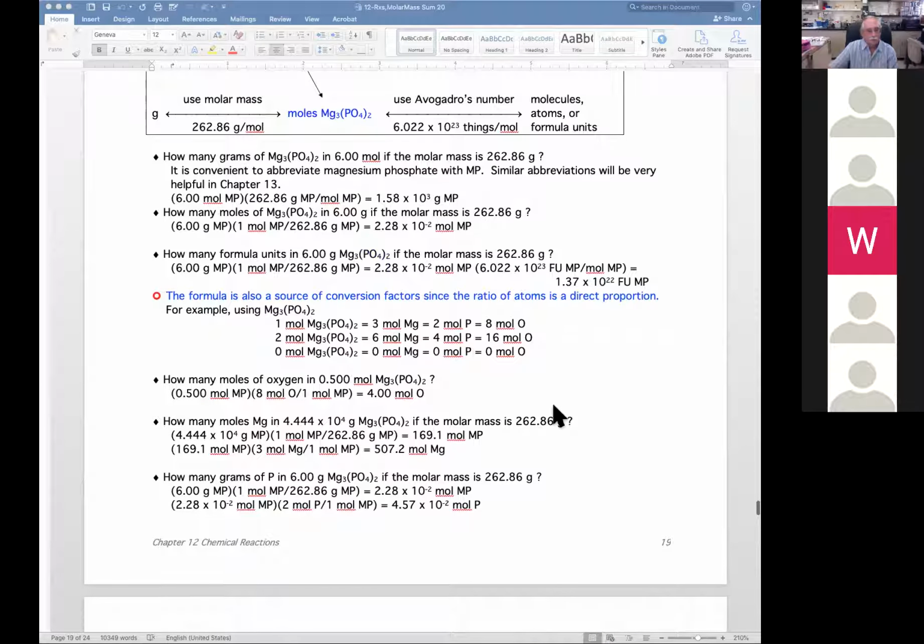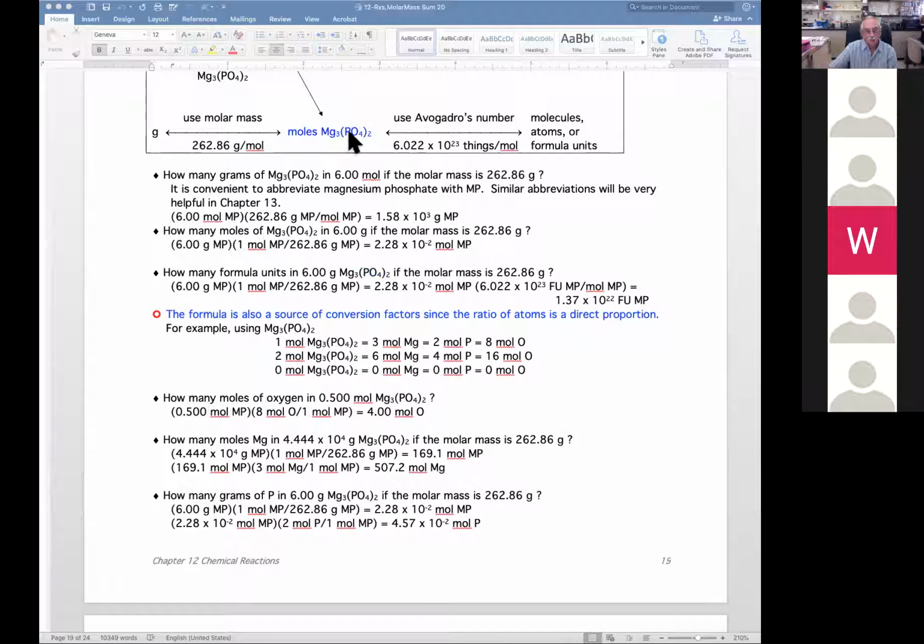So anyway, I tried to go through the second part of homework 15. I tried to go through important examples of this so you had experience doing it.